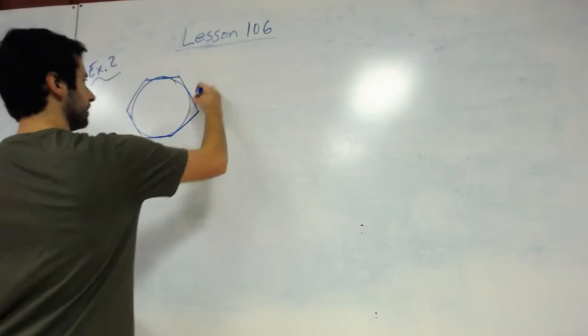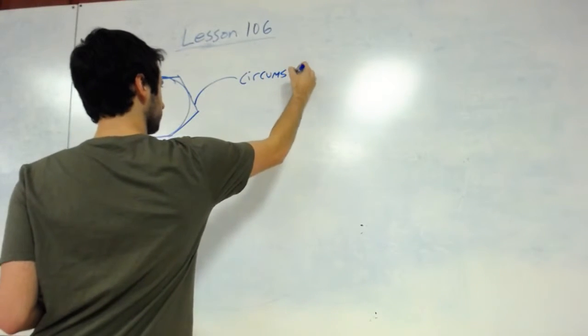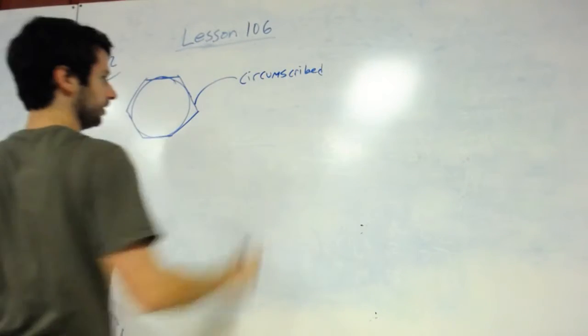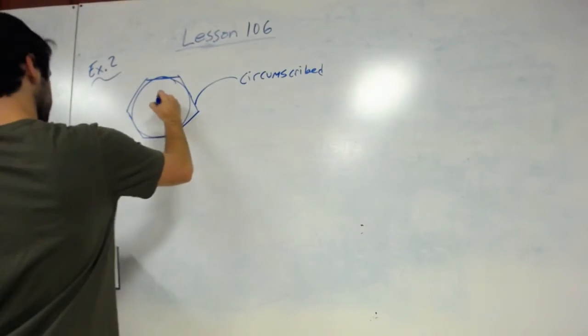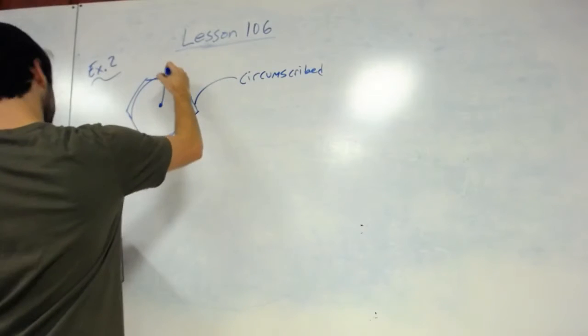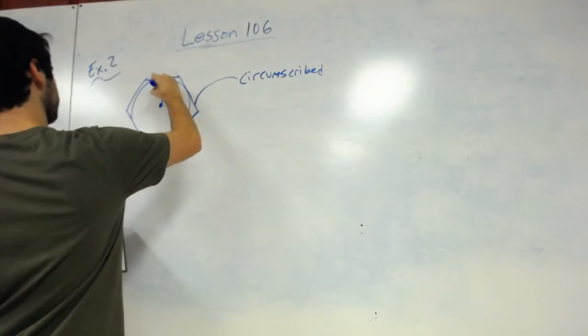So the shape is outside the circle. That's called circumscribed. Now it gives us that the radius is 10.